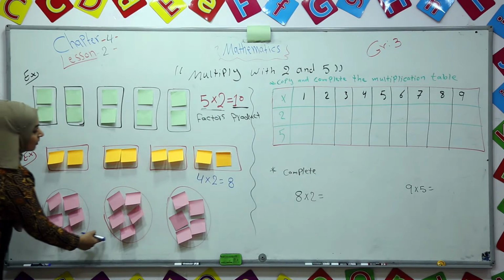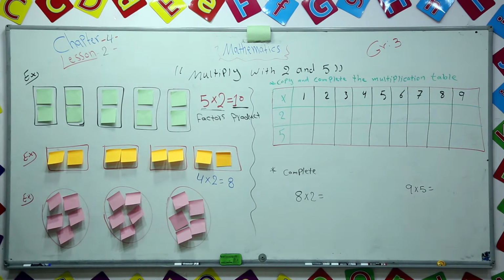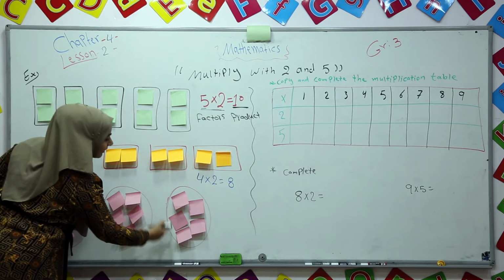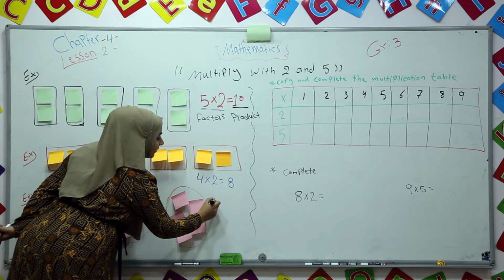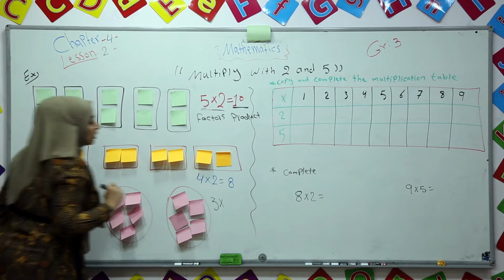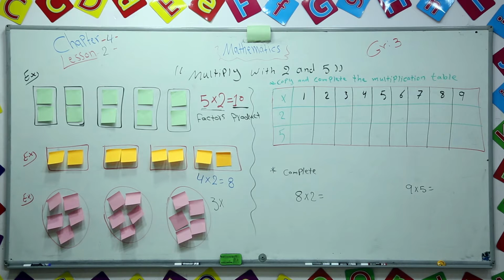Now I have another example. How many groups do I have? I have 3 groups, 1, 2, 3. Each group has how many objects? 1, 2, 3, 4, 5. Each group contains 5 objects.